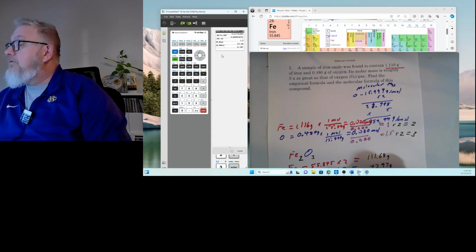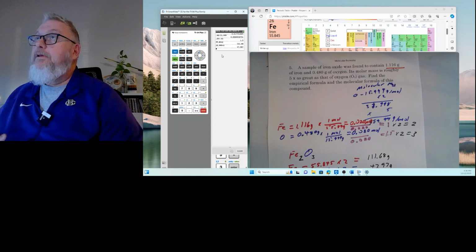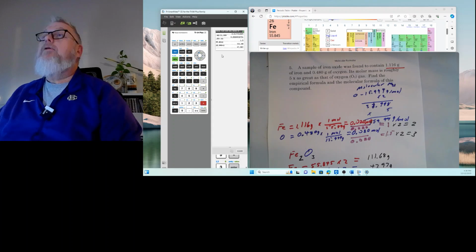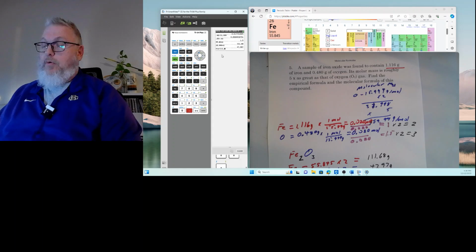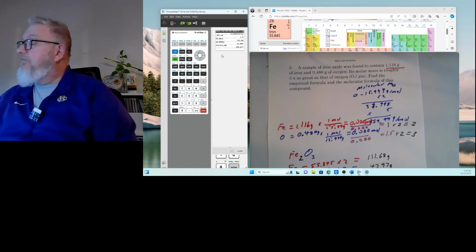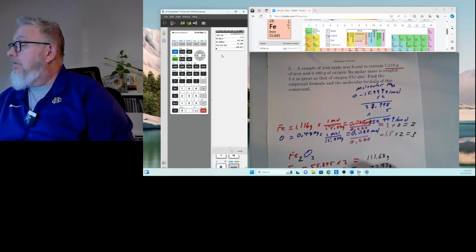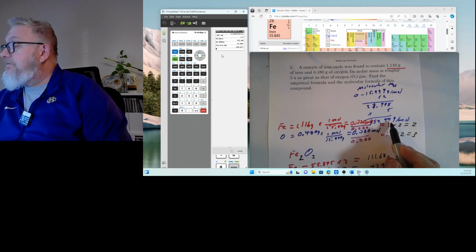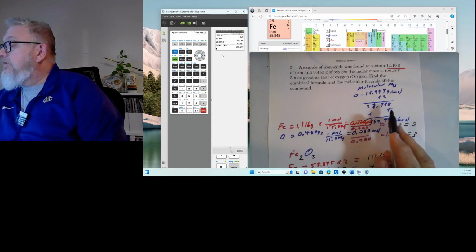So let's see what that total is. I bet you it's going to be pretty close to 159.99 grams. Let's see. Answer plus 111.68 gives me 159.677. Now I calculated the molar mass, what they gave me is 159.99.